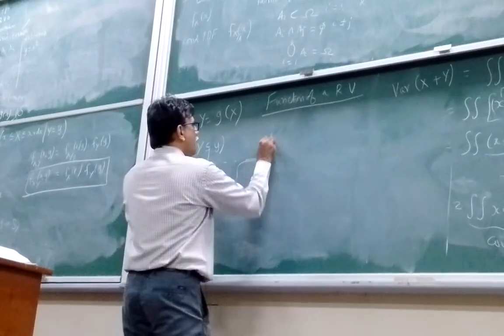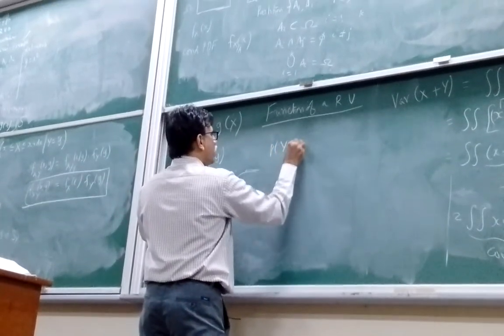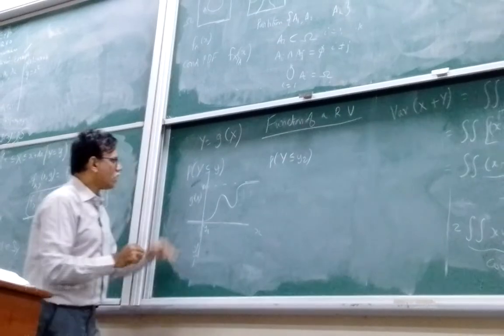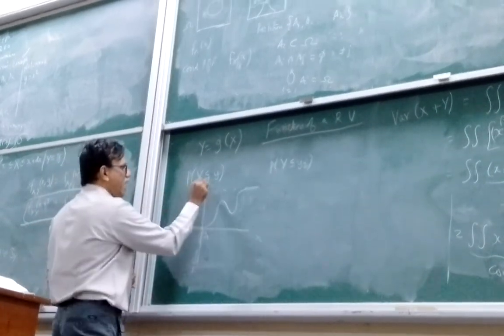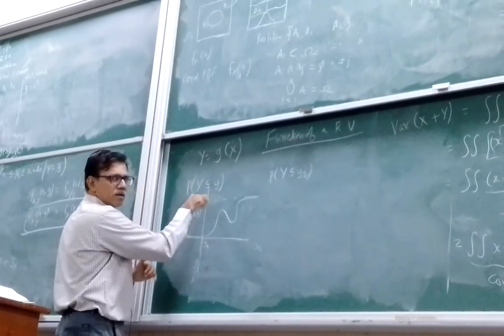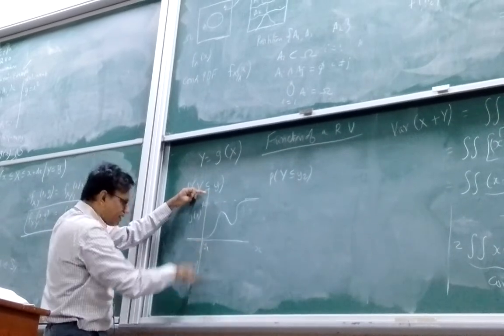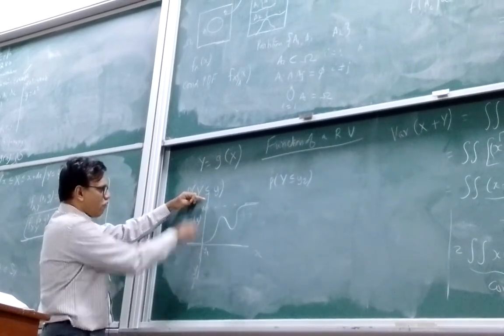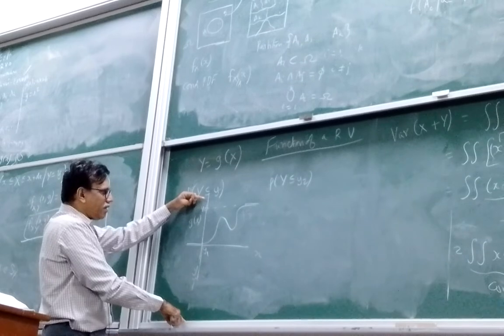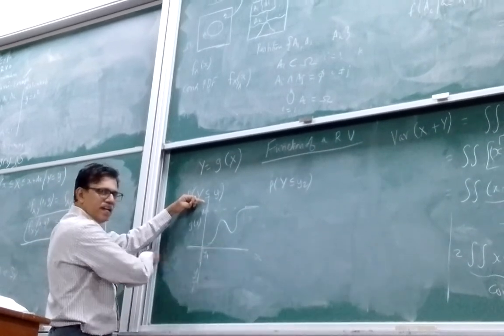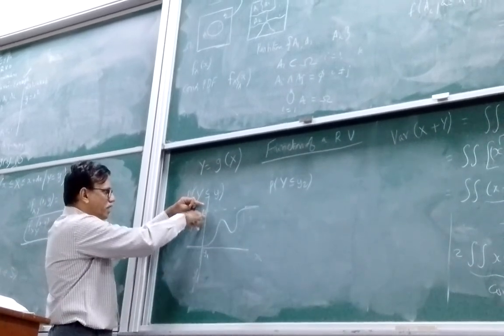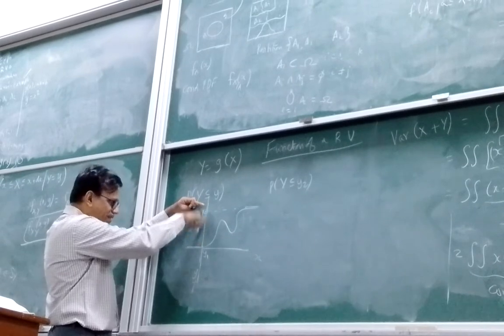So here, probability that y is less than or equal to y2. See, this is y2. If I take any value of y above this one and ask what is the probability that y is less than or equal to that value, correspondingly x can take any value. For all those values, y will be less than y2.